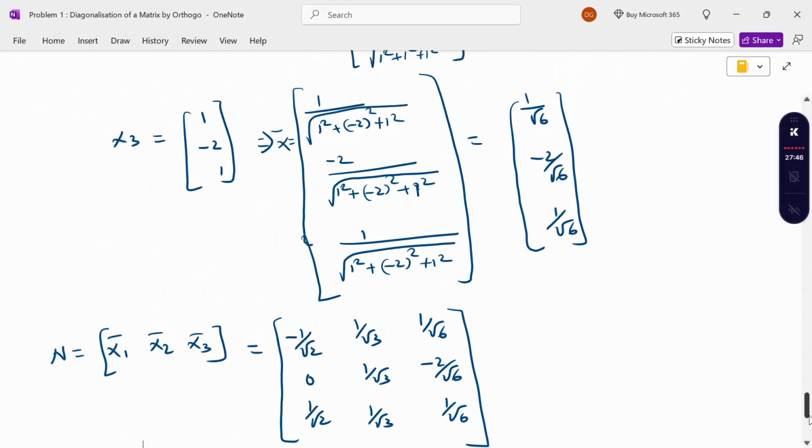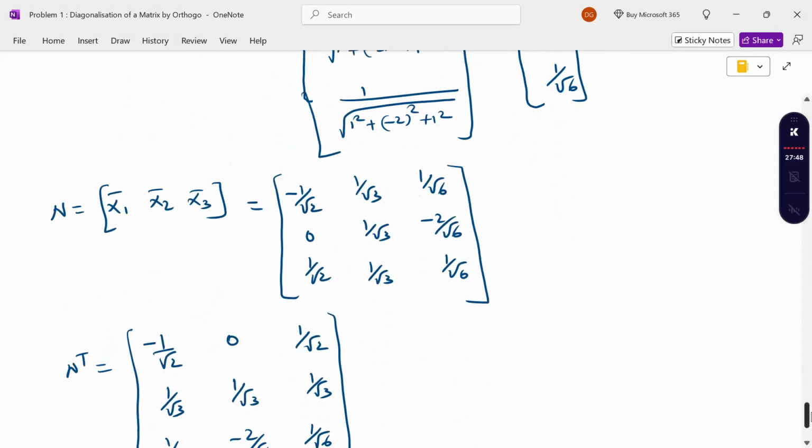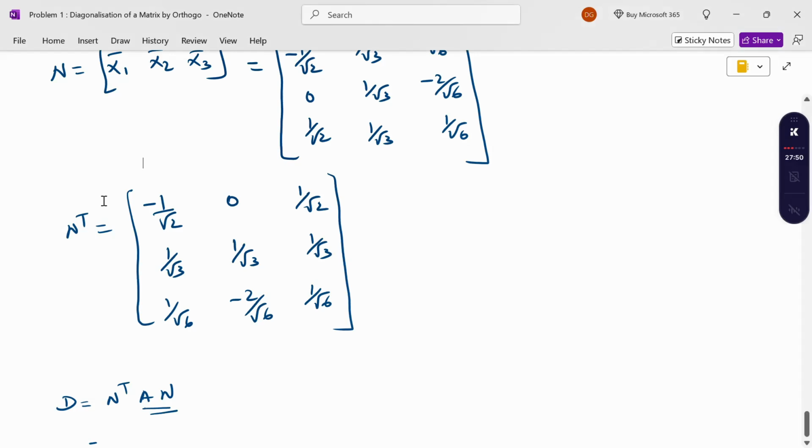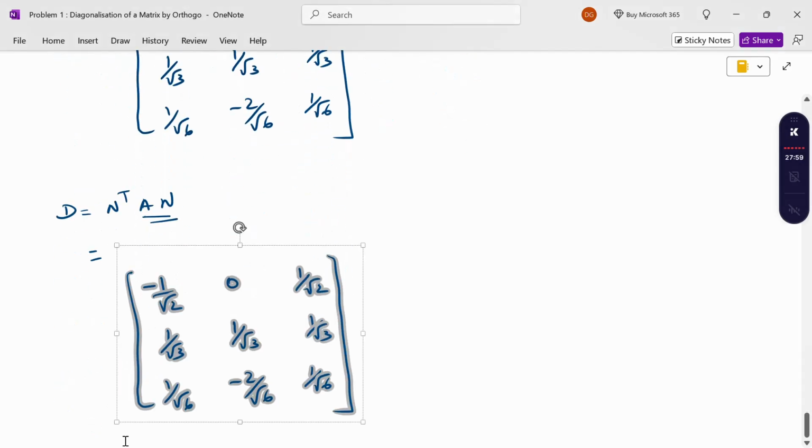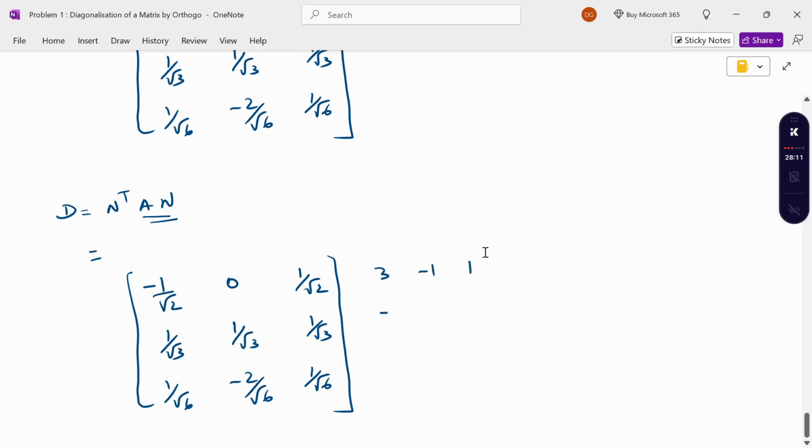You just substitute the N transpose value, N value and A matrix. This is the N matrix, N transpose matrix. Then A matrix. A is nothing but 3, minus 1, 1, minus 1, 5, minus 1, 1, minus 1, 3.